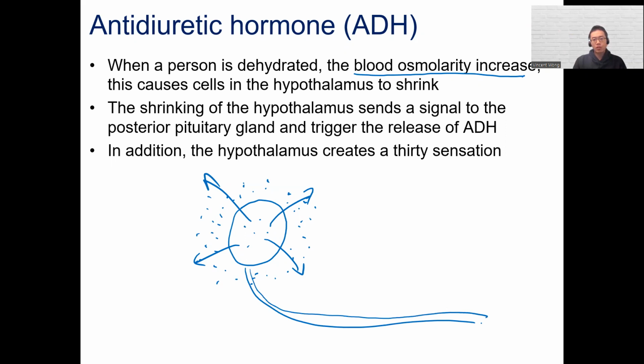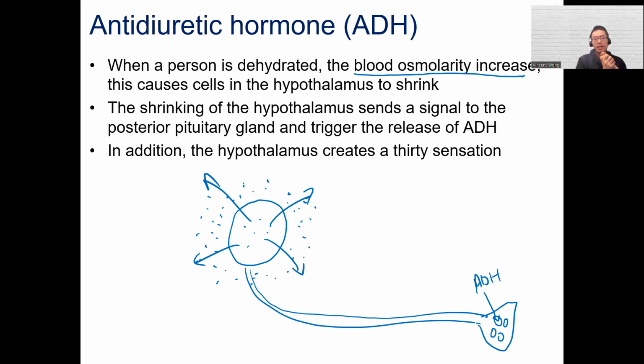It's going to send an action potential down the axon, and you're going to have all these vesicles here. Instead of storing neurotransmitters like we learned before, these are going to contain ADH. So the shrinkage sends a signal down the axon all the way to the posterior pituitary gland, and it causes these vesicles that are containing ADH to be released.